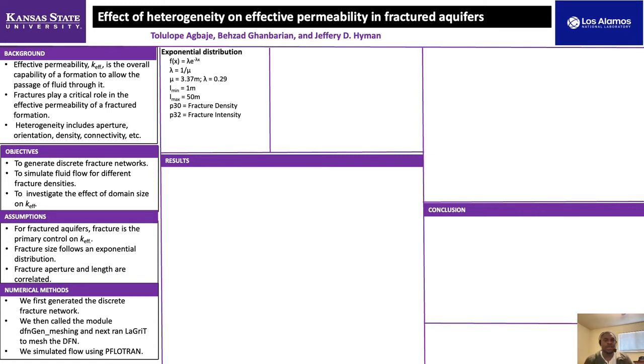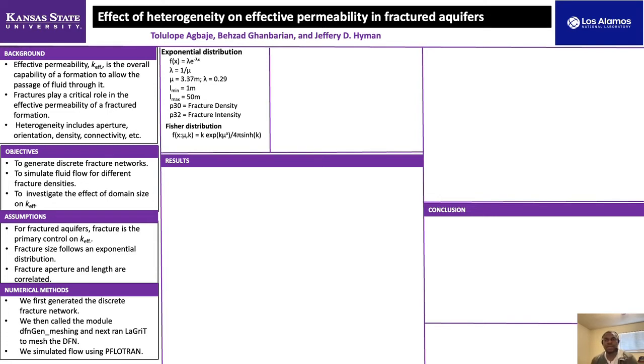Exponential distribution, like I mentioned earlier, was used to constrain the fracture size distribution in the aquifer. The exponential distribution is lambda e to the minus lambda x, and lambda is the inverse of mu, which is our mean fracture length. The Fisher distribution was used to constrain the fracture orientation in the aquifer, which is a function of x, mu, and k.